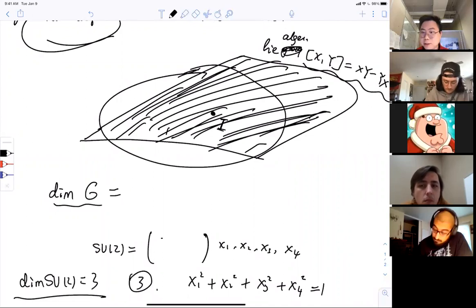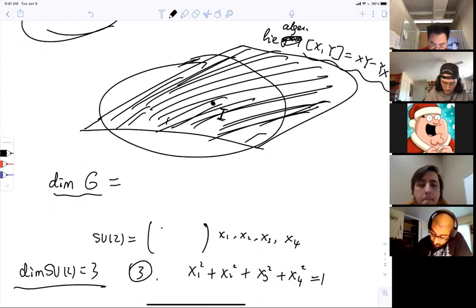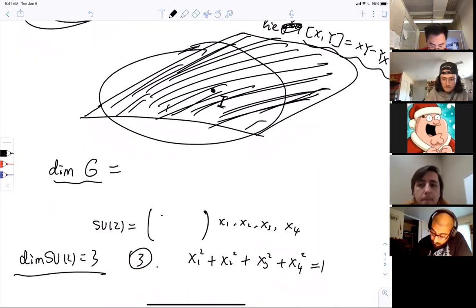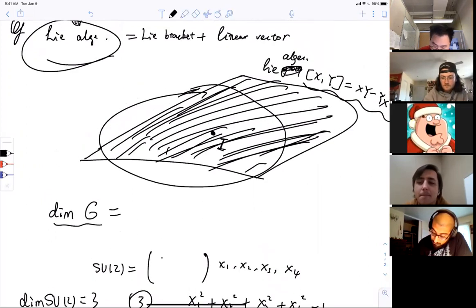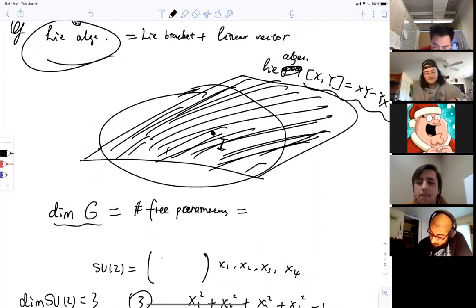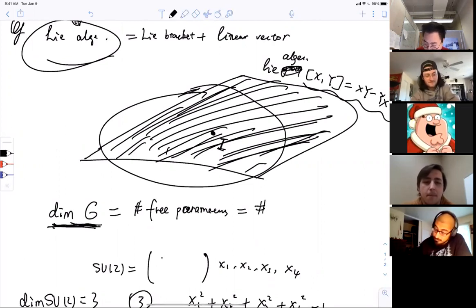As usual, feel free to stop me if you have any questions. Basically, the dimension is equal to the number of free parameters. And of course, the dimension of the Lie group equals the dimension of the Lie group manifold.